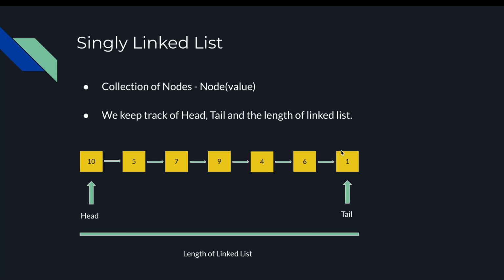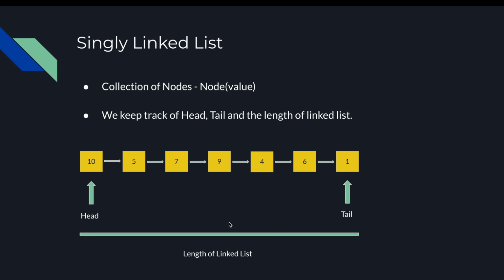And the last node of your linked list will be known as the tail. You will see why it is helpful to keep track of your head and tail when we work with our instance methods like the push method or pop method, etc. Also we will keep track of the length of our linked list, which will be similar to array.length, right? That gives us the length of the array. In the same way, we will get the length of our linked list.